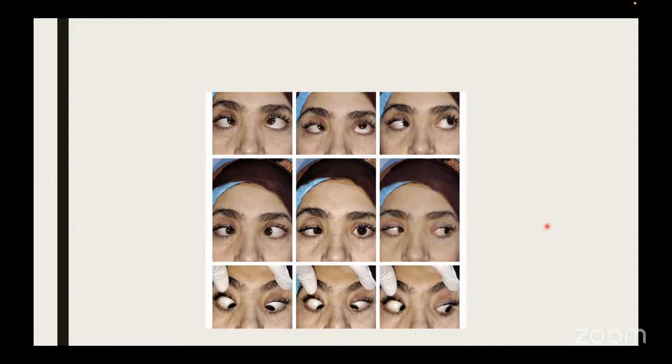Here I'm suspecting a sixth nerve palsy, a paralytic muscle, so I'll confirm with saccadic movements and also do the force duction test to confirm my diagnosis.